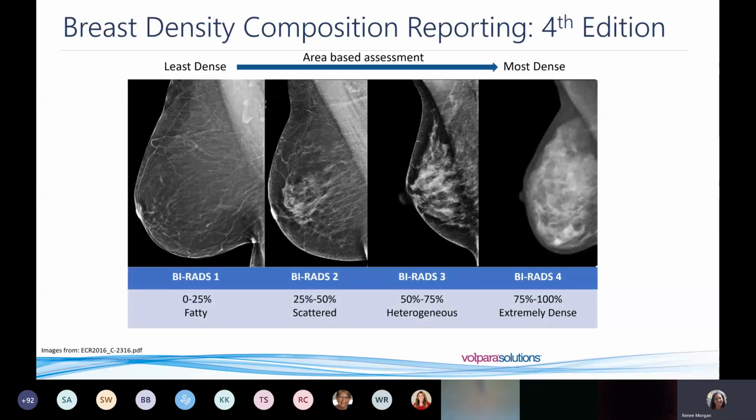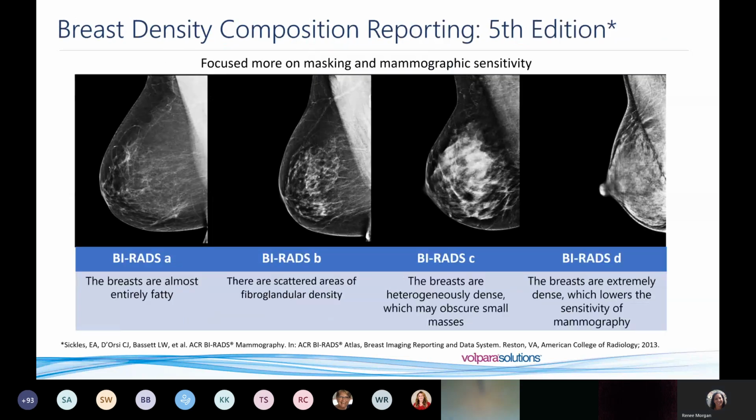With the BI-RADS 4th edition, it was primarily an area-based assessment, and this is what we're most familiar with, where a radiologist, when looking at the third MLO here, would say, yes, there is about 50 to 75% fibroglandular tissue here, so I'm going to call this a BI-RADS 3.